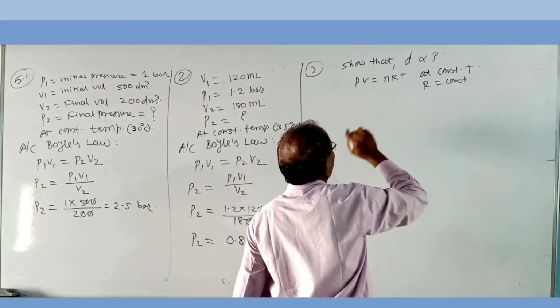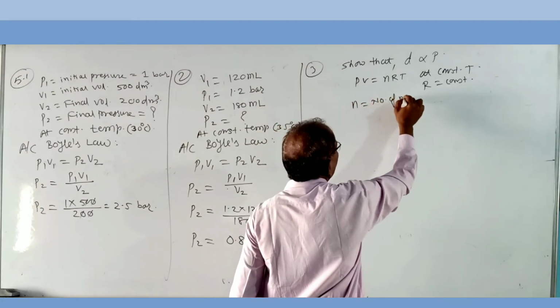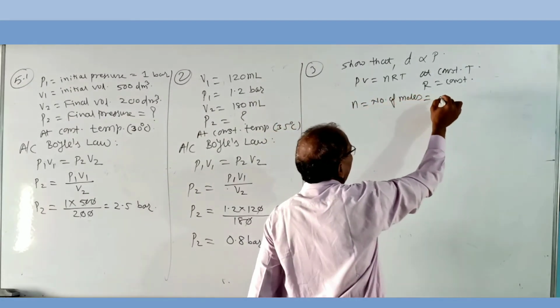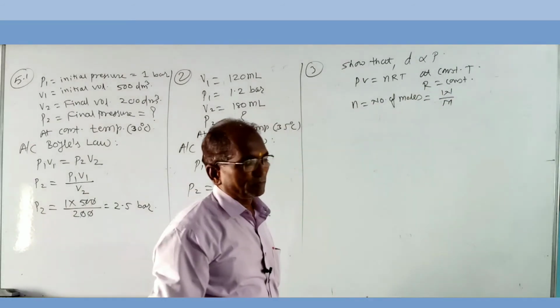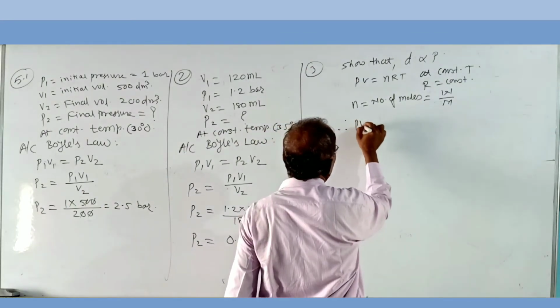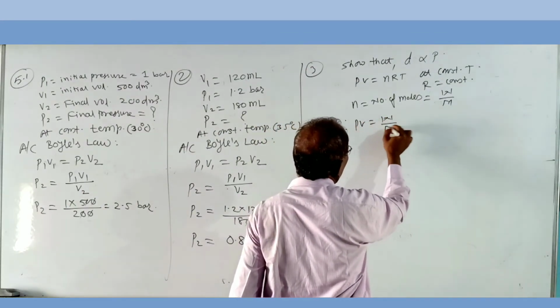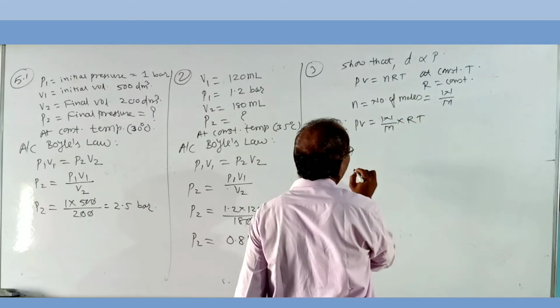Then here n is equal to number of moles, that is W upon M. W means given mass and M is molar mass. Therefore, PV is equal to W upon M into RT, right?